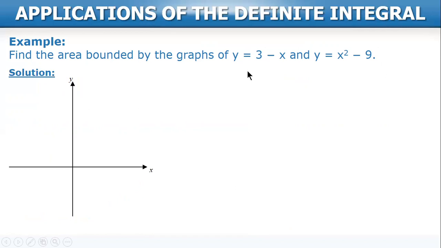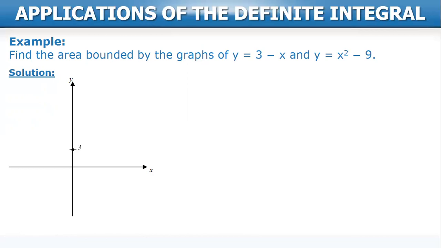So instead of f of x and g of x, what is given in the problem is y, y and y. So first, let us plot the line. The fastest way to plot a line is using intercepts. Like when x is 0, y equals 3. When y is 0, x equals 3 also.